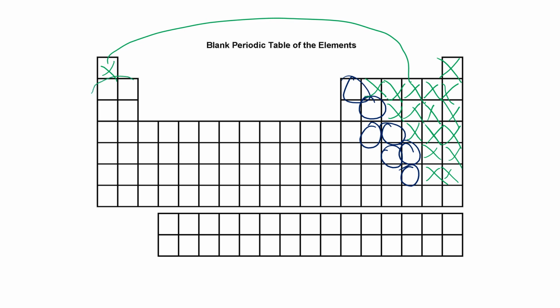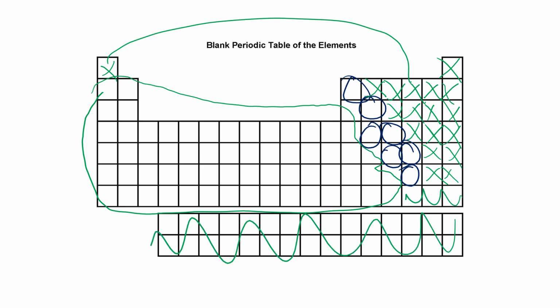And then we have the metals, which is to the left of the semi-metals. Down here, don't worry about those. And then lanthanides, actinides, we're not worrying about those either. So on the left of the metalloids or semi-metals are the metals. To the right are the non-metals.